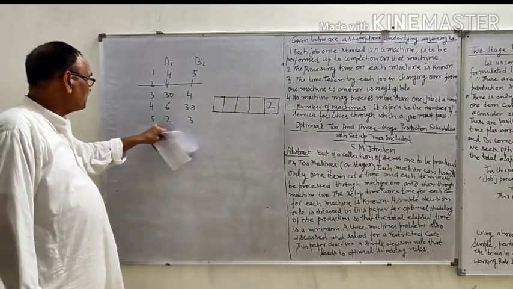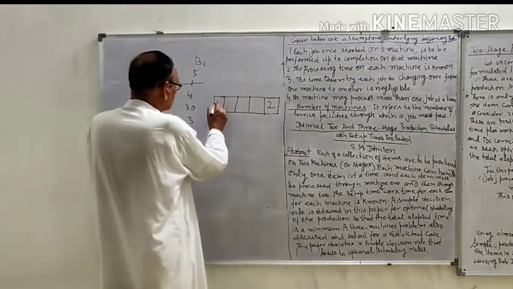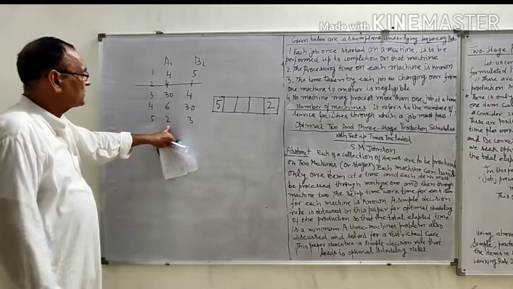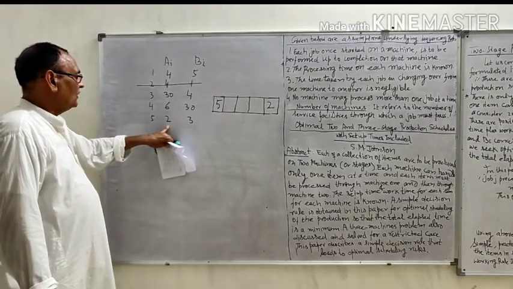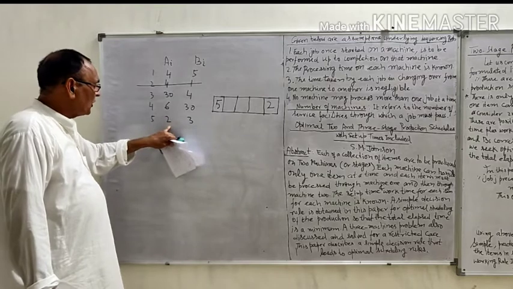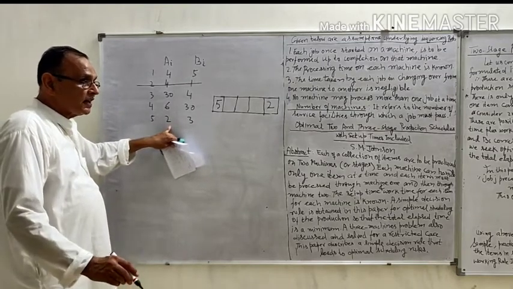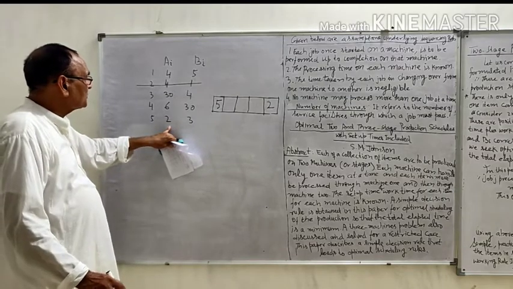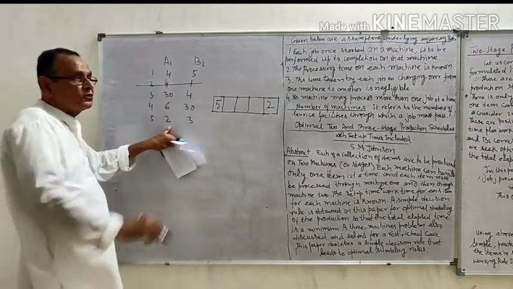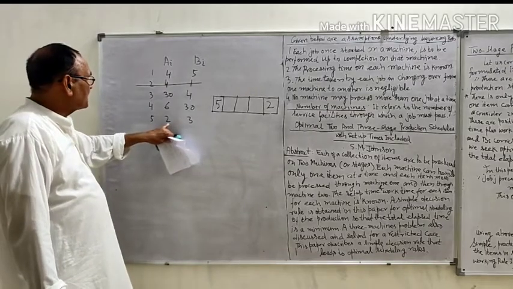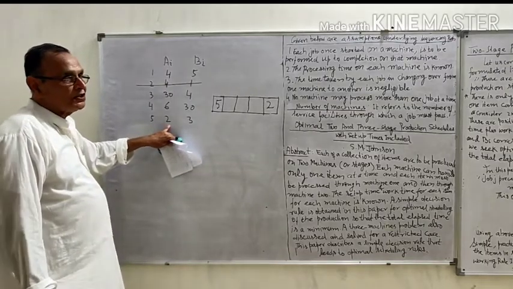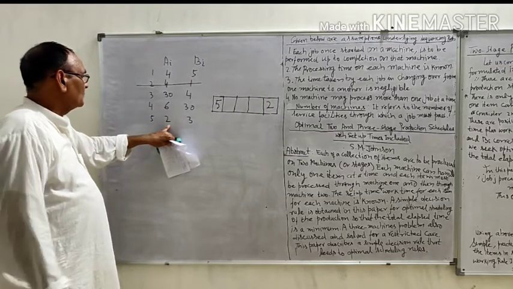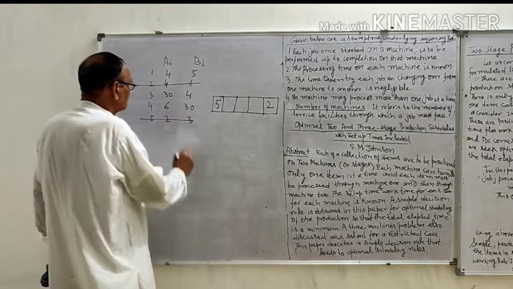So this 5th job is to be placed in the first column, because it is the smallest among the remaining processing times after cancelling job 2, and it is occurring for machine A, so it should be placed in the first place in the table. So now we have used this also.